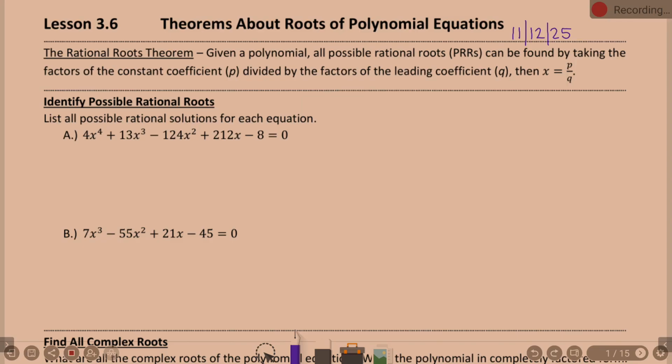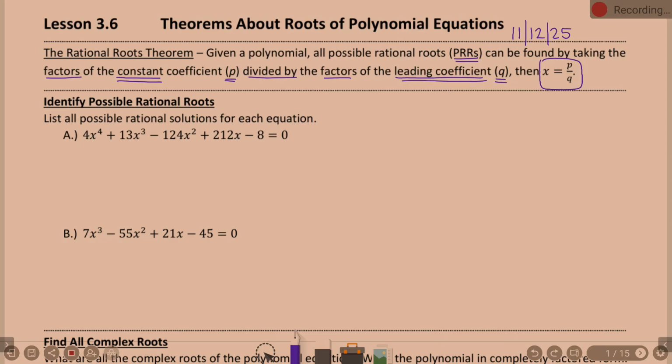It says, given a polynomial, all possible rational roots, so you'll hear me refer to these as PRRs, can be found by taking factors of the constant coefficient, which we refer to as P, divided by factors of the leading coefficient, which we refer to as Q. You put these together as a fraction, and all of our possible rational roots can be found by doing P divided by Q.